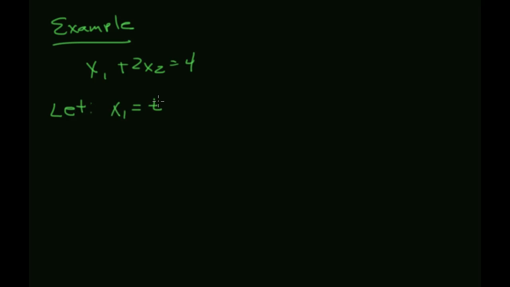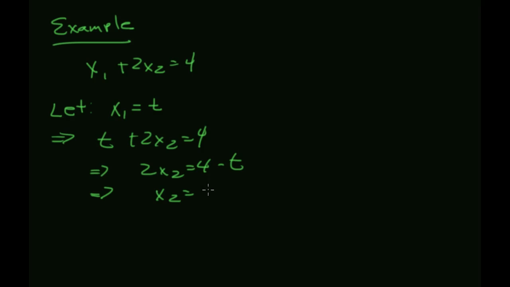Okay, so let's give this an example. Let's say x1 plus 2x2 is equal to 4. So we're going to solve this. Let x1 be some parameter t. This implies that t plus 2x2 is equal to 4, which implies that 2x2 is equal to 4 minus t, which implies that x2 is equal to 2 minus 1/2 t.